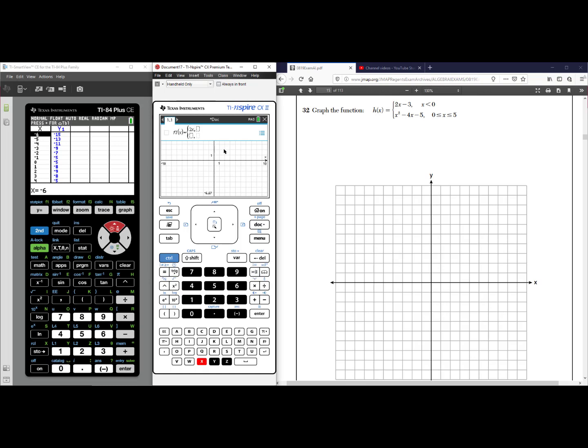2x minus 3, right arrow, and we just say x, control equals is where we find our inequalities.